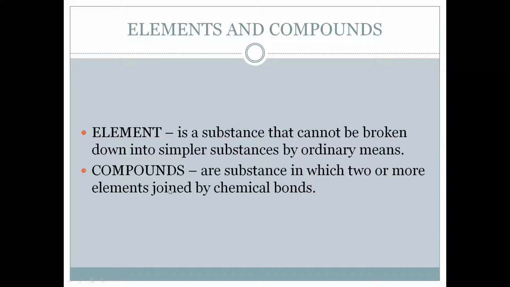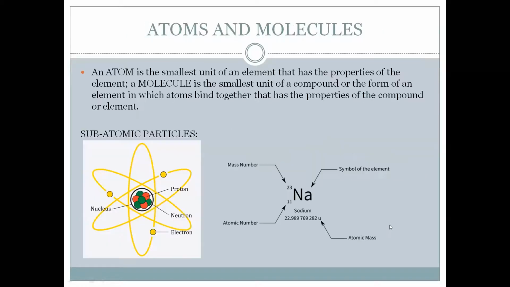Compounds are substances in which 2 or more elements join by chemical bonds. So, compounds are a combination of elements. Okay? Next. We'll go to atoms and molecules. Okay, so an atom is the smallest unit of an element, and a molecule is the smallest unit of a compound. So atom sa element, molecule sa compound.